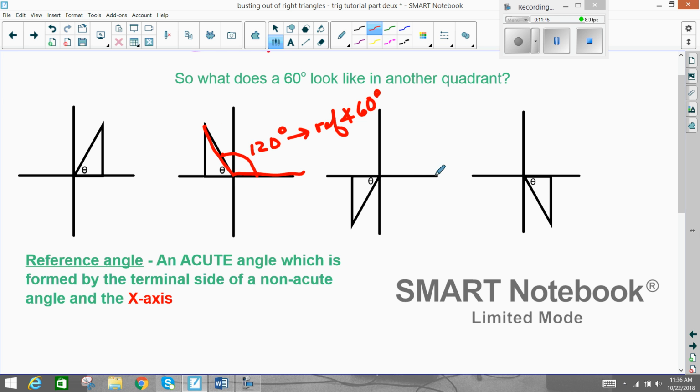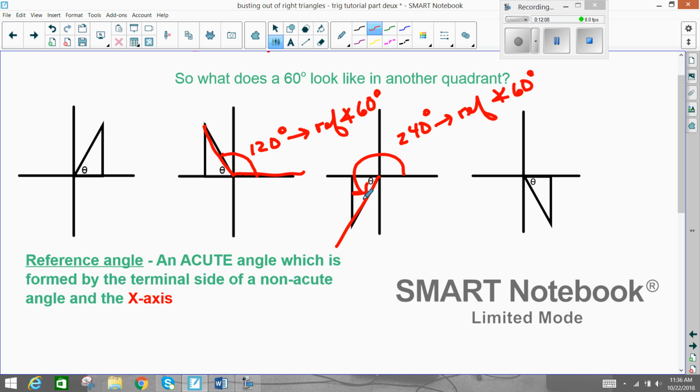There's my angle. All right, well, what about that angle there? If this is 60 degrees, what's that whole angle there? It's going to be 180 plus 60, which is 240 degrees. So a 240-degree angle has a reference angle of 60 degrees, okay?